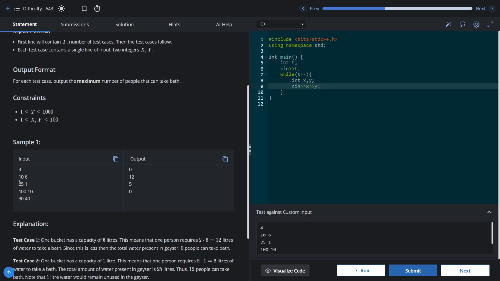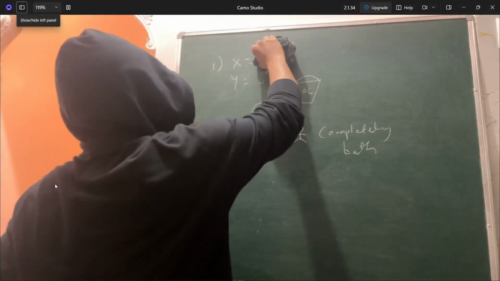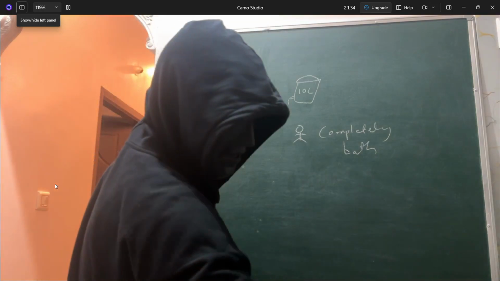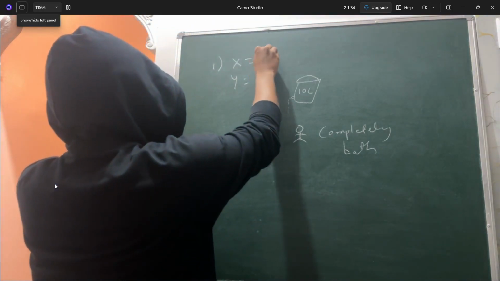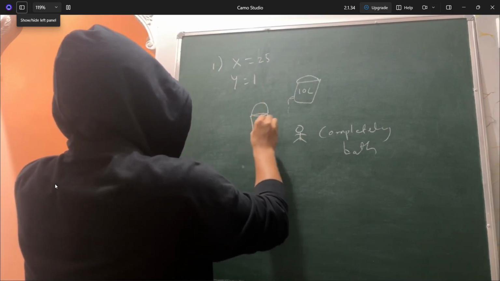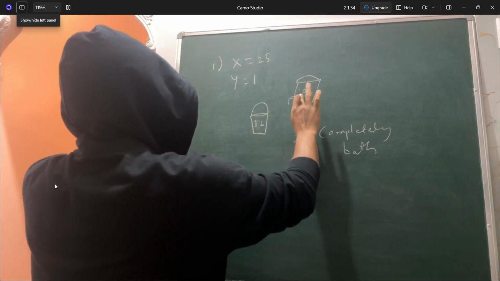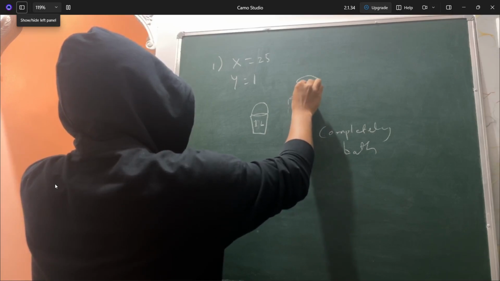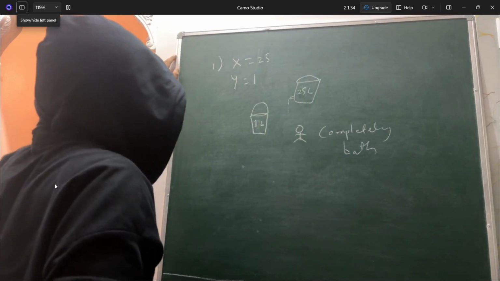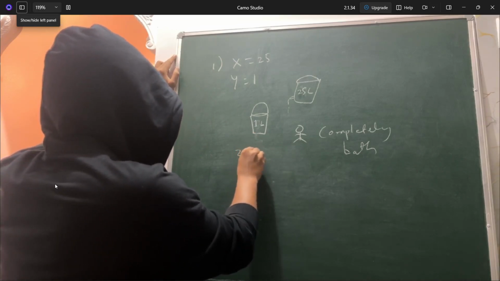Now let's consider this one, 25, 1. The geyser's capacity is 25 and the bucket's capacity is 1 liter. A person requires 2 buckets, right? So he requires 2 liters of water.